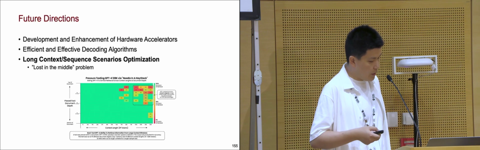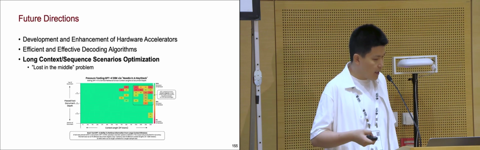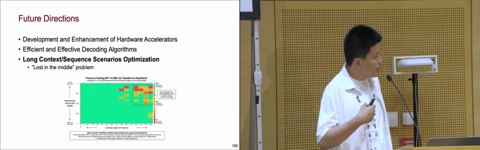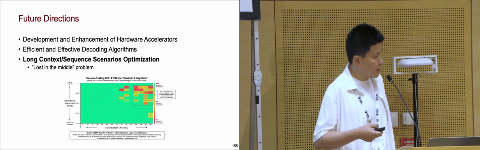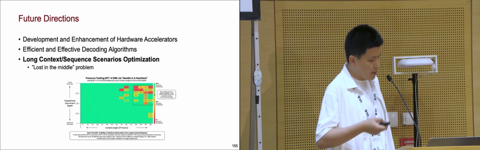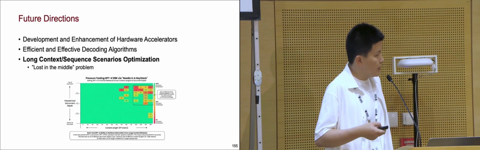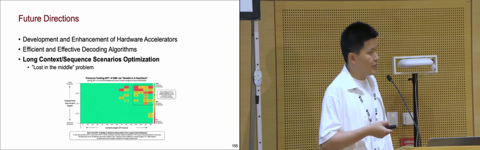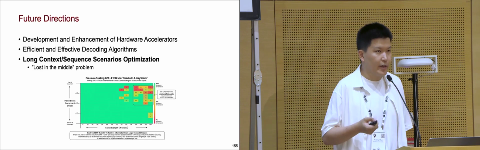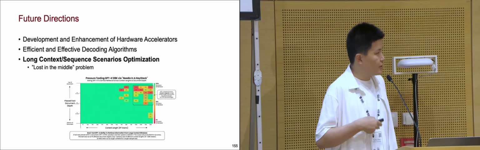And we can also find that in the past few months, speculative decoding approaches have been widely studied by the community, and more and more people are trying, for example, to use alternative speculators to replace the small model.